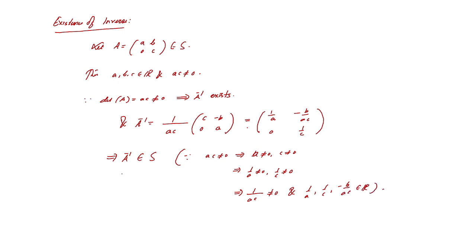So A inverse belongs to S. So therefore, for all A belonging to S, there exists A inverse, which also belongs to S, such that A A inverse equals A inverse A. This is basically the identity of S. So hence inverse is done. Thus we can conclude S is a group with respect to matrix multiplication.